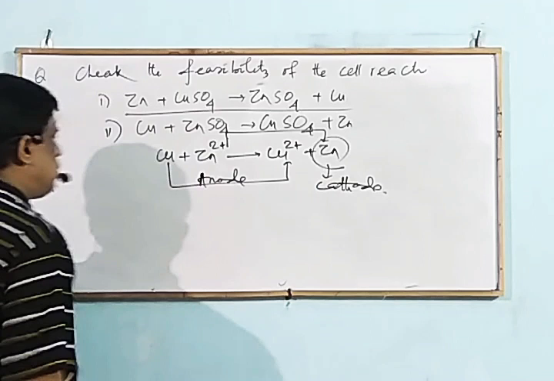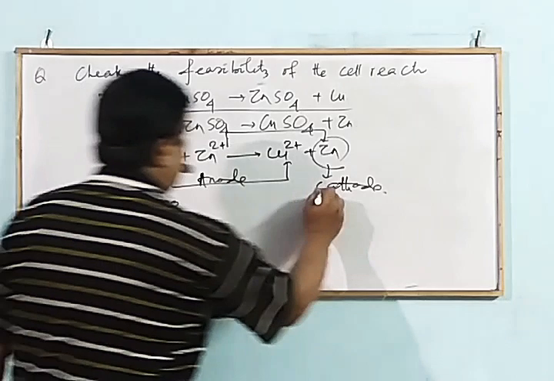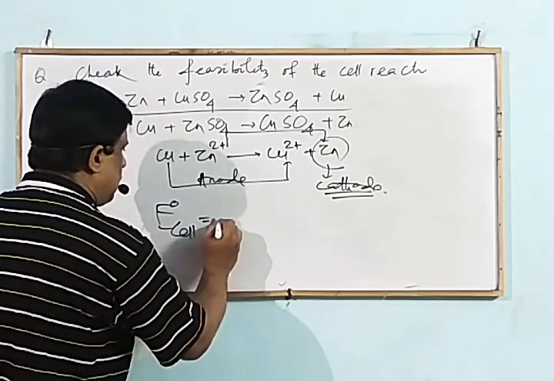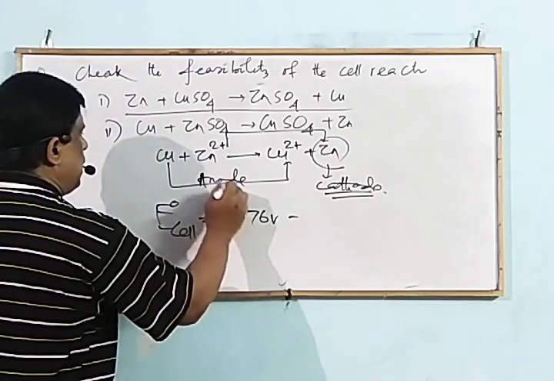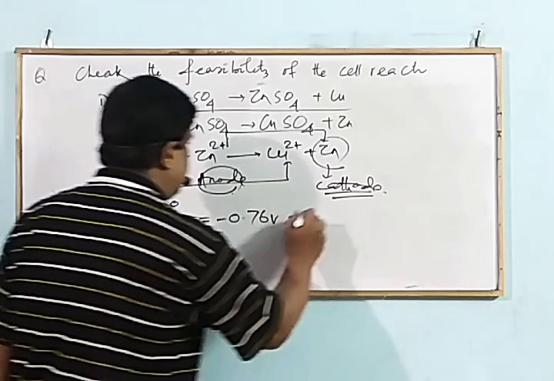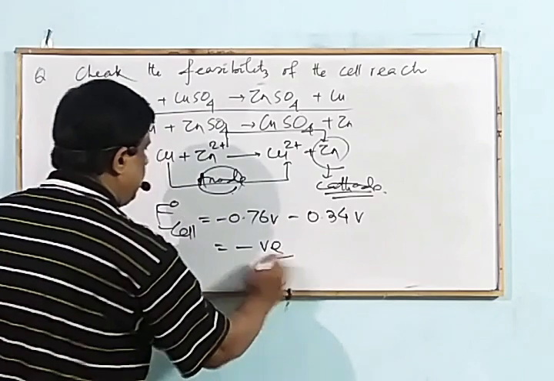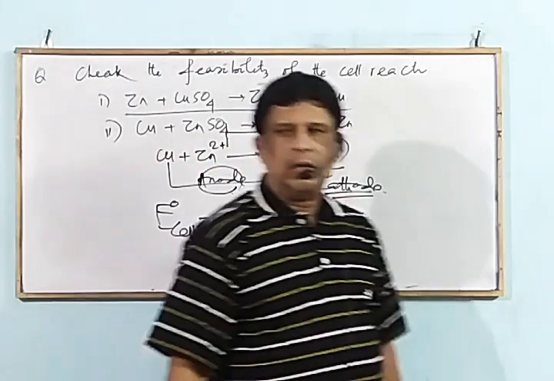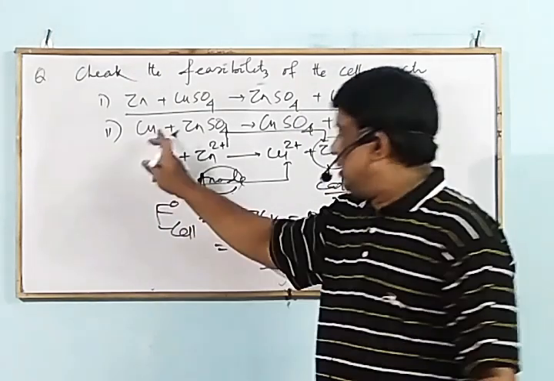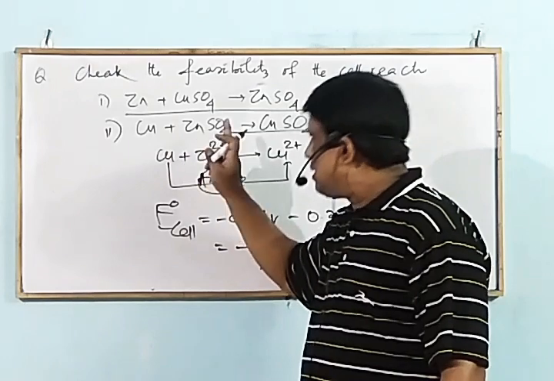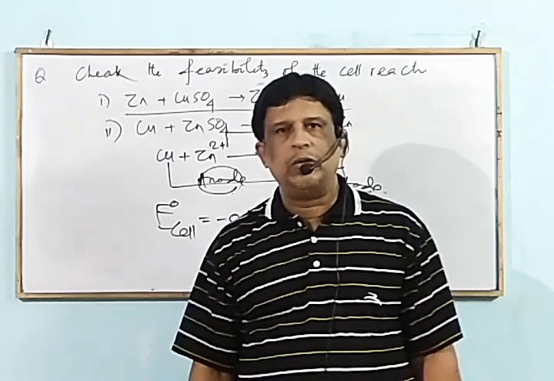So the cell potential is the reduction potential of cathode, minus 0.76 volt, minus the reduction potential of copper, 0.34 volt. The answer is negative. Hence the second case is not feasible, meaning copper never displaces zinc from zinc sulfate solution forming copper sulfate solution.